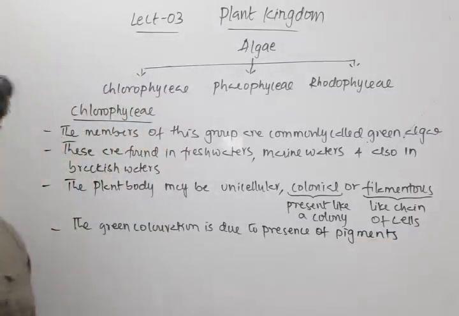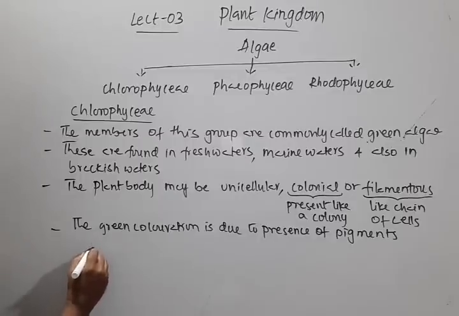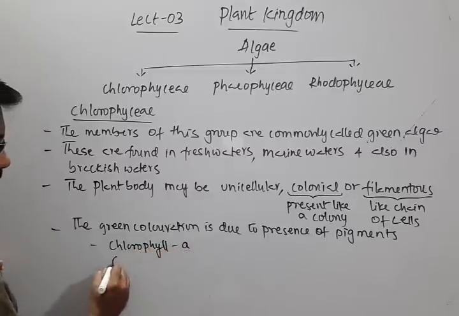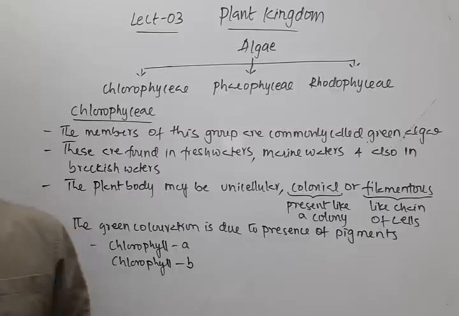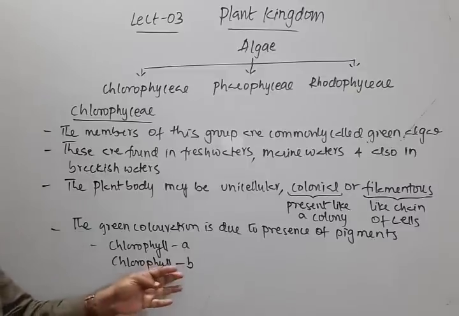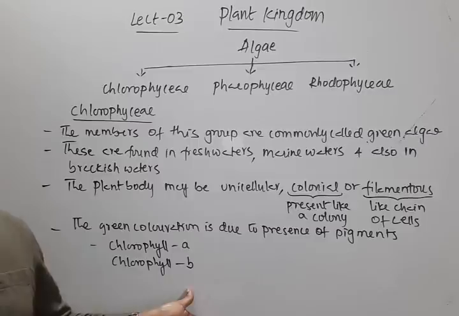Those are photosynthetic pigments, which help in the process of photosynthesis, and those pigments are chlorophyll A and chlorophyll B. In lower classes you might have learned only about chlorophyll, but in higher classes you will come to know that there are several types of chlorophyll molecules, such as C, D, E, and so on.